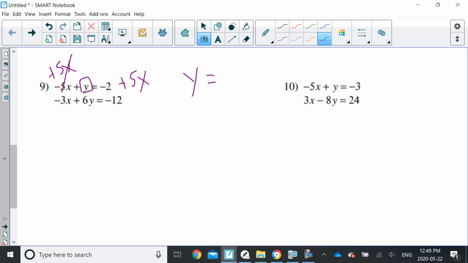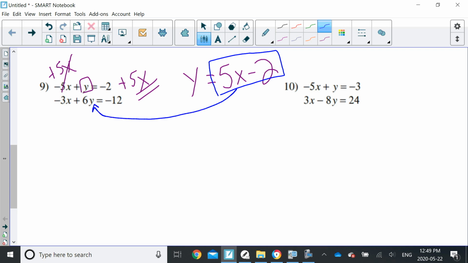Y is equal to, I'm going to write this first. I always like to write it in the form of mx plus b. So I'm going to write the 5x first, minus 2. That I just solved for y. So from here, what would I do? I would take what y is equal to, and where does it go?